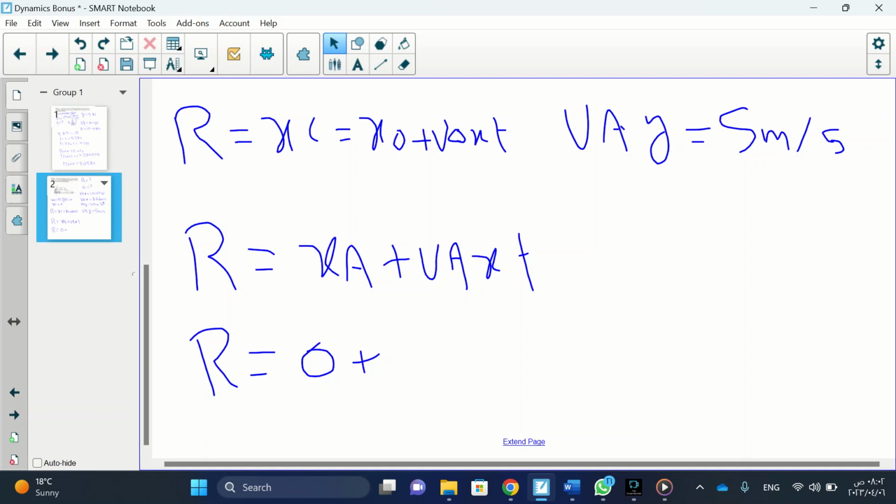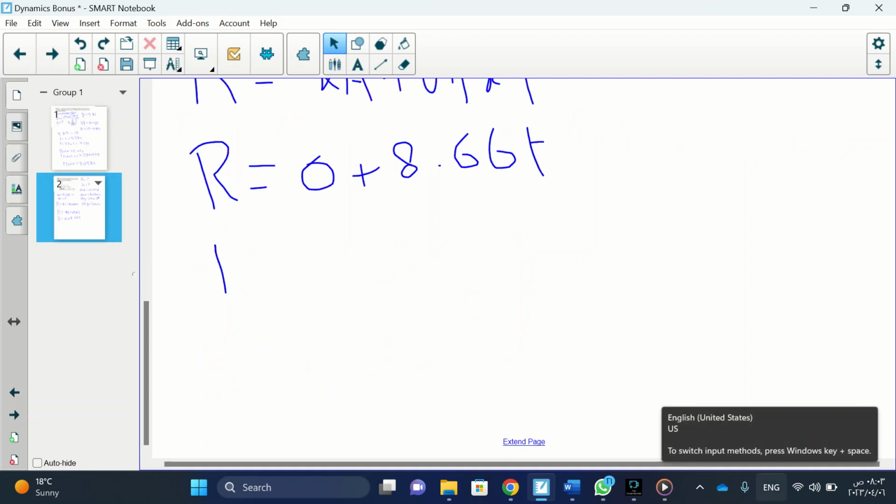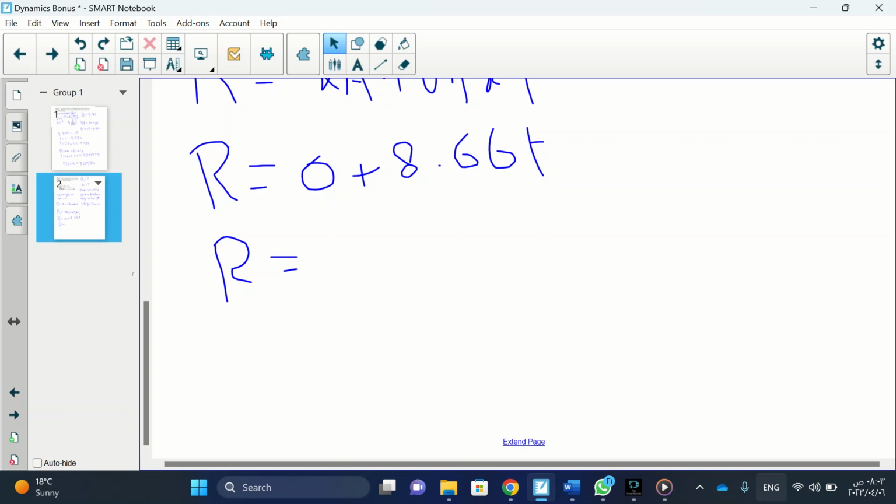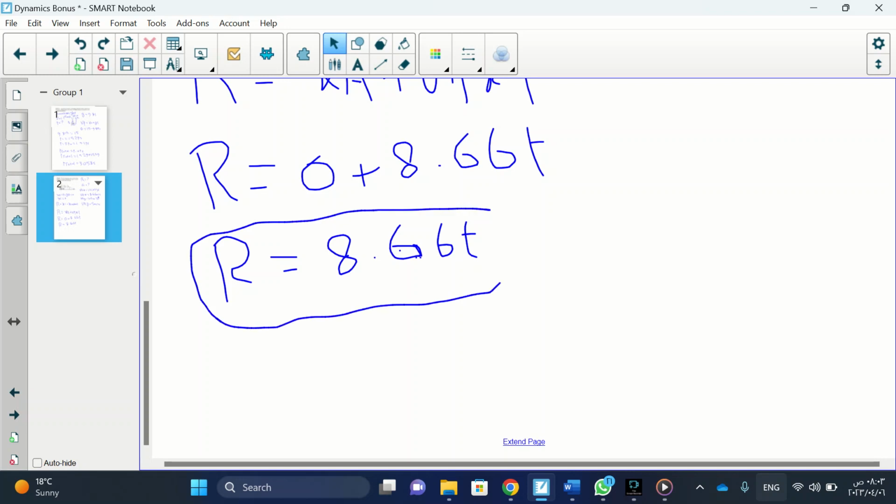We already found it, which is 10 cosine 30, so we got 8.66 times T. So R is equal to 8.66 T. We can't go any further because we have two unknowns and one equation. So let's play with the y-axis.